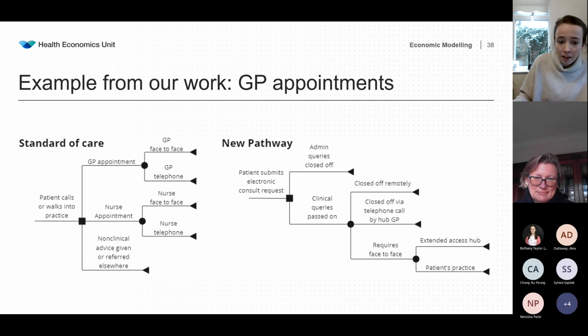In the new pathway, electronic requests for appointments were submitted, and then a process was used to close queries off as admin, or they were passed on clinically, they were remotely handled, or addressed in different types of scenarios, basically. And so these are what our decision trees look like.